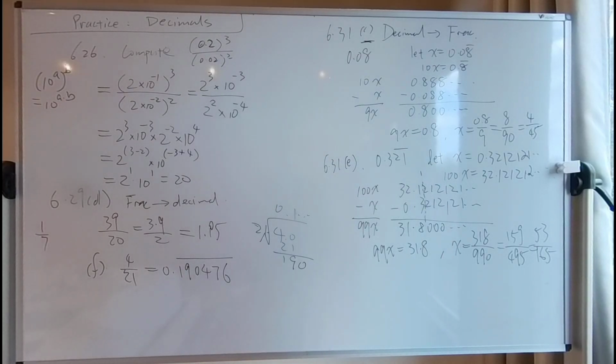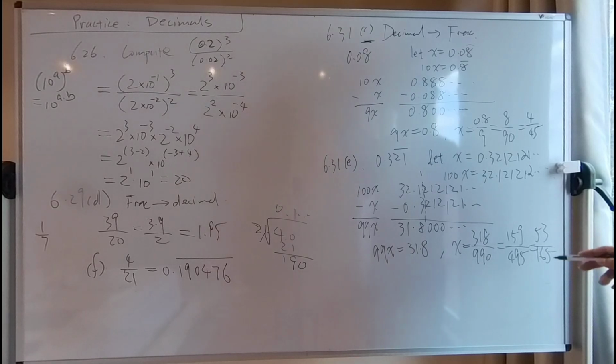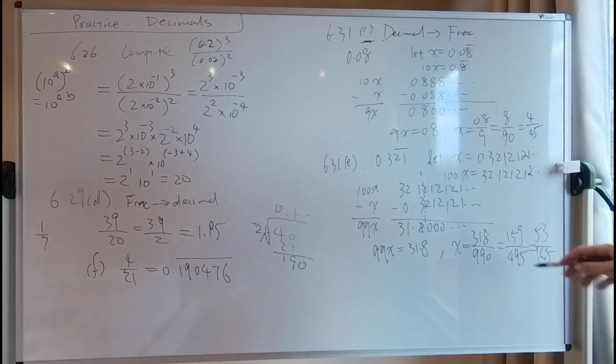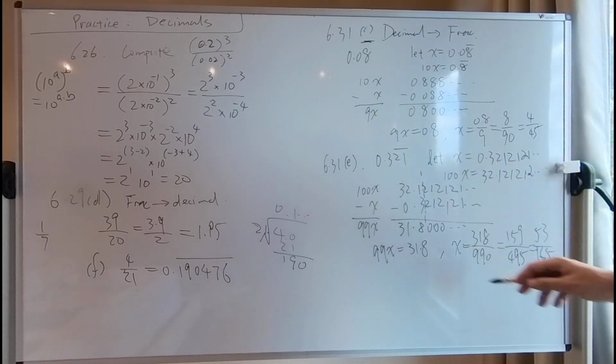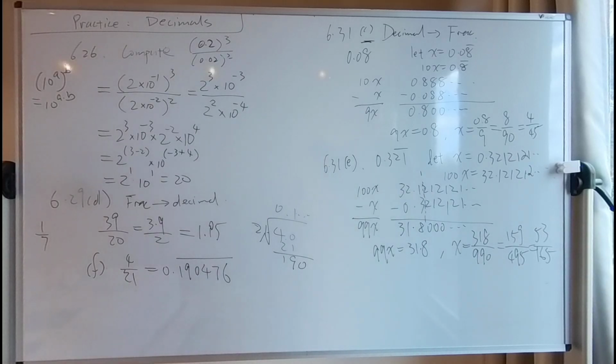Is there any further common factor? I think there's none. You can try to find more, but I couldn't. So eventually this repeating decimal can be converted to the fraction 53 over 165.